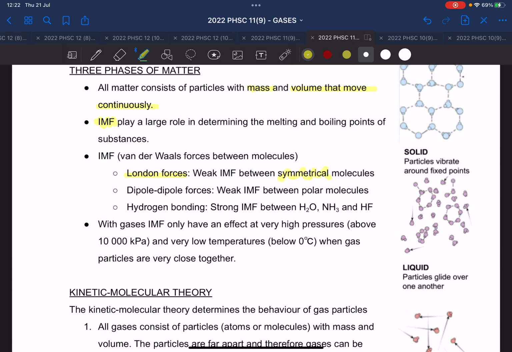A symmetrical molecule, for example, is CH4. Let me just make sure. No, not NH4. I'm sorry. CH4.